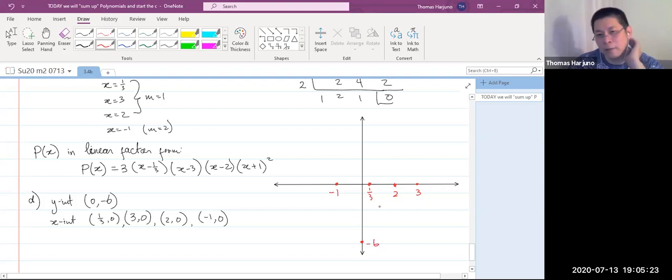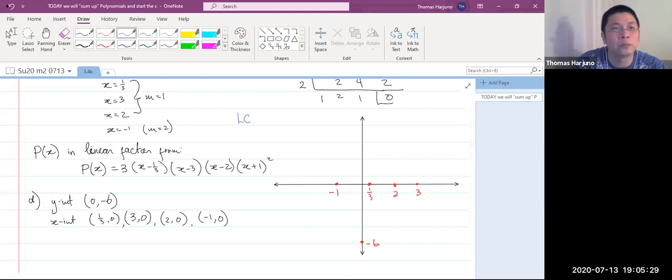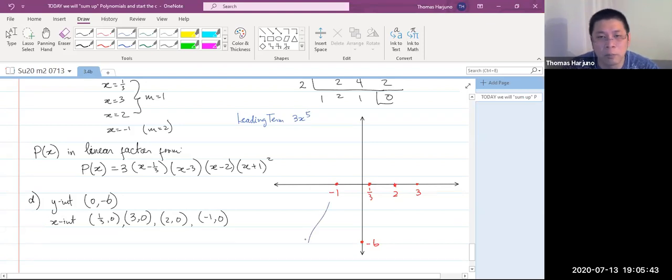Degree of 5, leading term is 3x to the 5th, right? Odd degree, positive coefficient, so it must be bottom, top. You can do a sign graph to actually get it though.